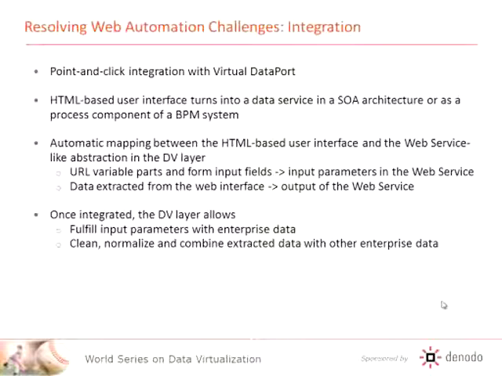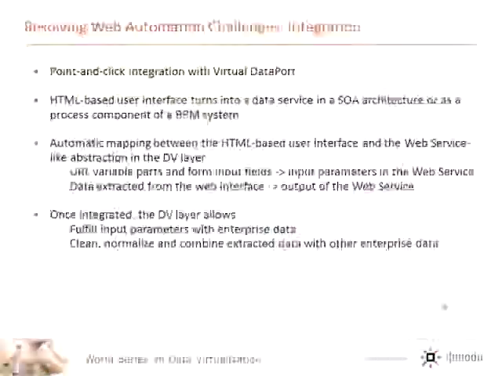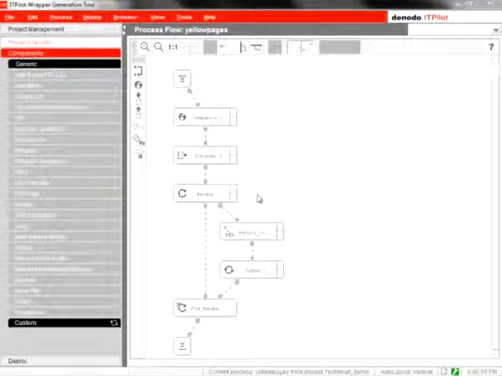So, let's see how this integration actually happens. In this example, we will see how the web automation process that we built in the earlier demo can integrate with an internal system. After we have built and tested the web automation process, we are now ready to deploy it on the data virtualization server.